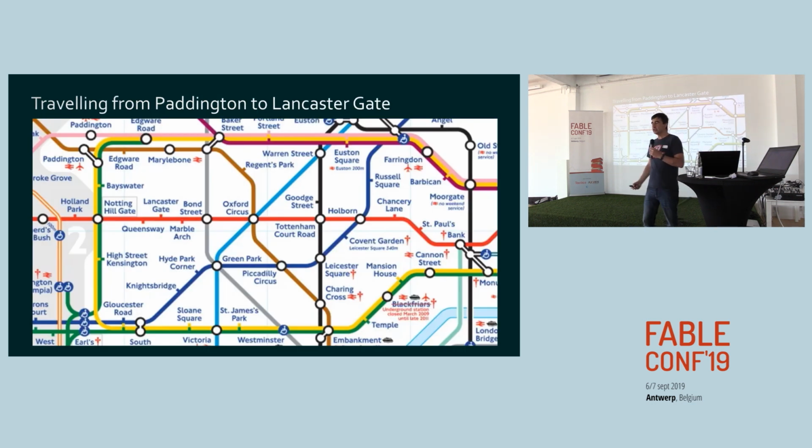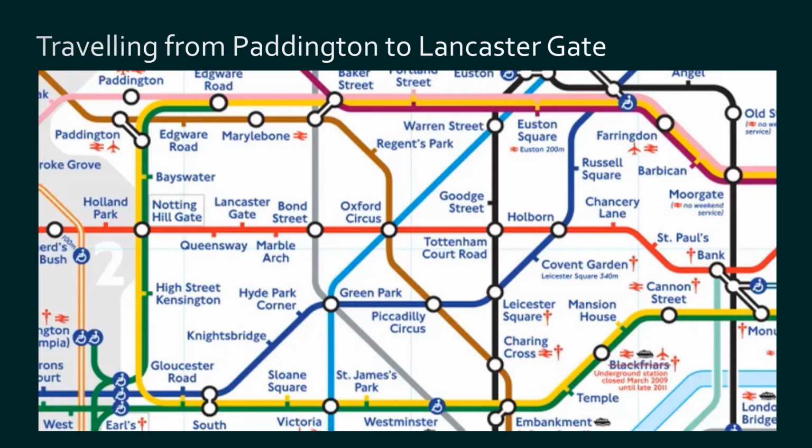And being British, he also gave a great example of schematic visualization which is not entirely correct, like the London tube map, and showing how you should travel from Paddington. If you have Paddington railway station and you want to go to Lancaster Gate, then most people would do like this. They travel to Notting Hill Gate, then they change and then travel to Lancaster Gate.